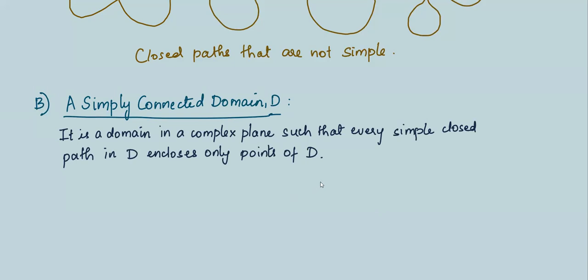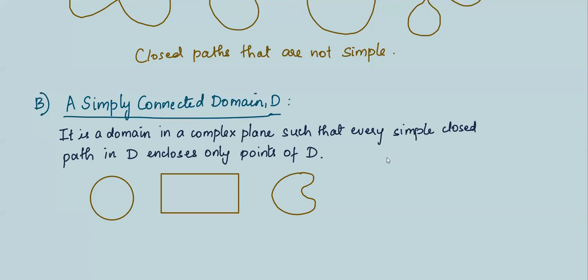So whatever we discussed earlier are examples of simply connected domain, like a circle, a rectangle, a disc like this, a mushroom shaped closed path like this, anything.